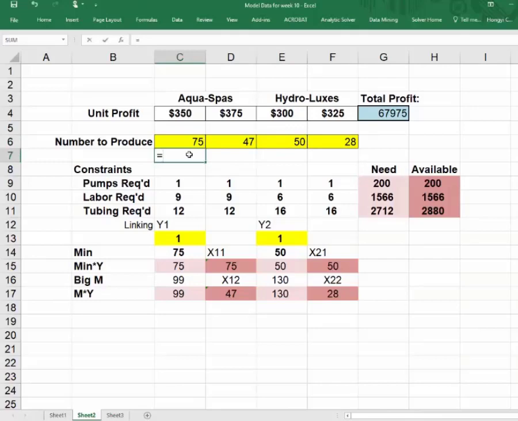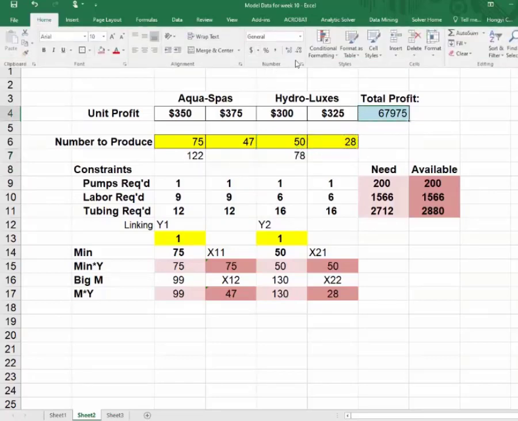So in total, we are going to produce this plus this one, 122 buses. Okay, and we are going to produce 78 units of hydrolysis, and this is our total profit.